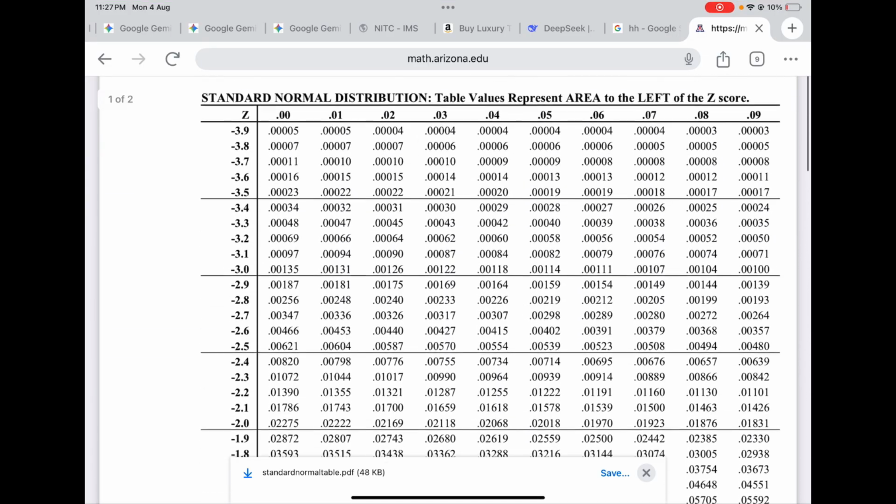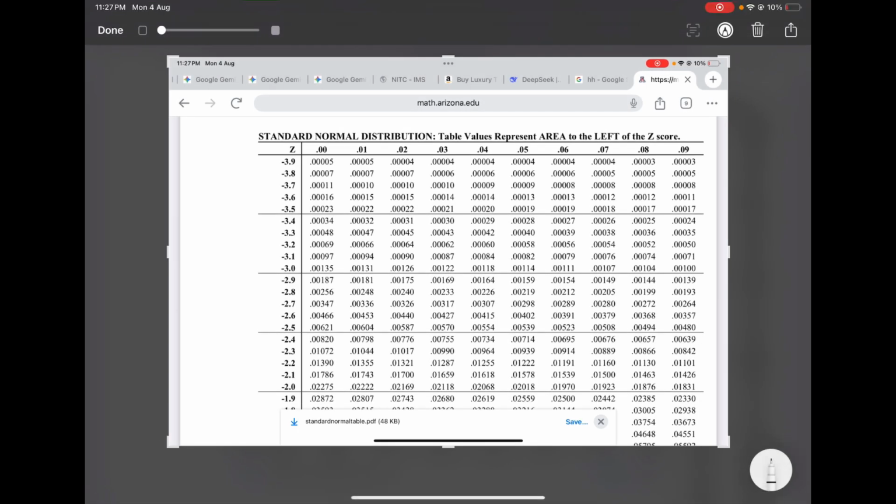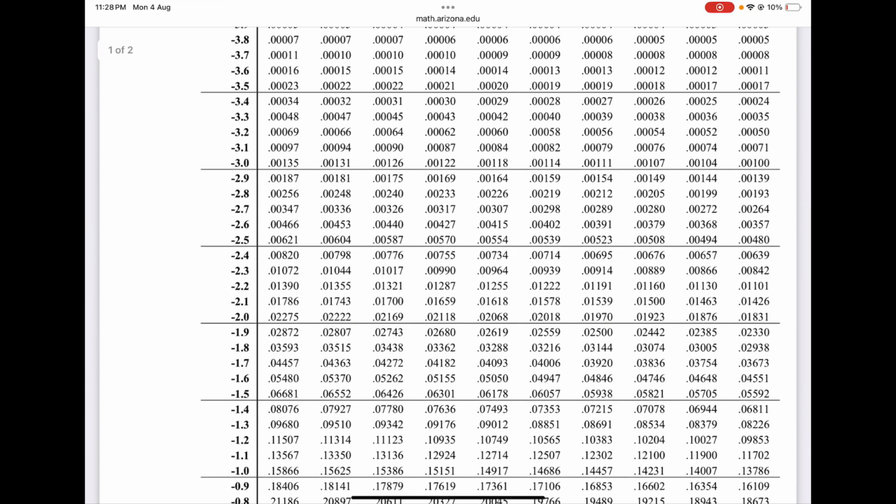So corresponding to 0.05 also, you need to search for 0.05.